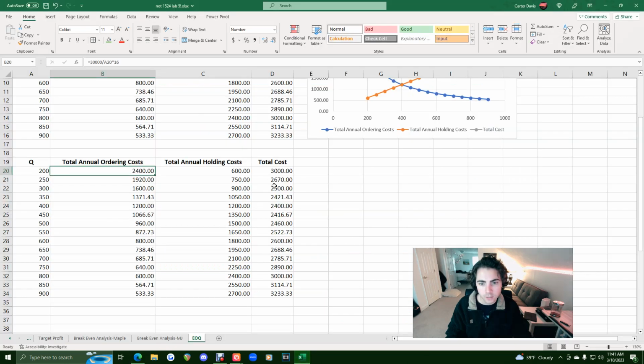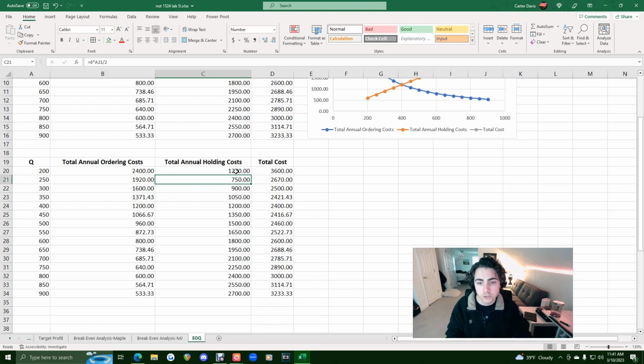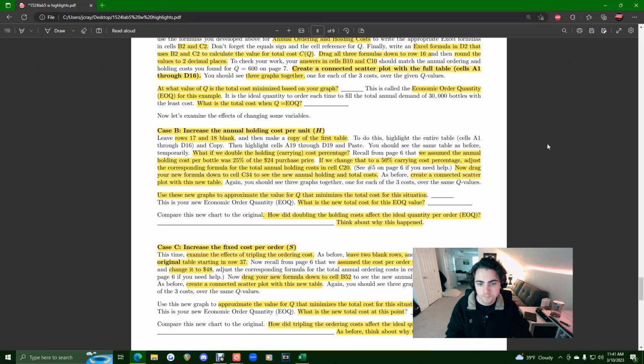So this is where I was saying, you'll have to change the holding cost from 6 to 12, because 6 was 25% of 24 and 12 is 50% of 24. So we just change that, but we have to make sure to drag just this one down so it changes everything else. It doesn't change everything else, but it changes the total cost.